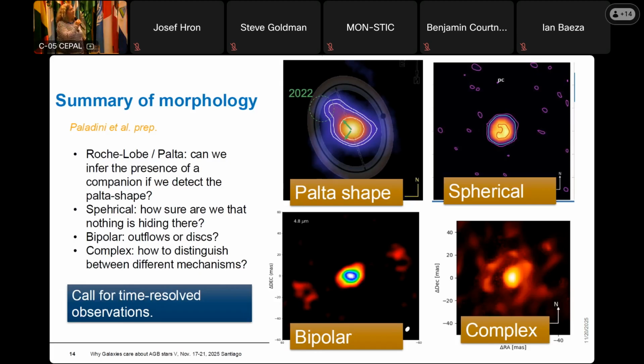Yes, V Hydra is a Mira. Then we have in the sample R Aqr, II Lupi, these are all carbon Miras. And then the others that you see here are semi-regular variables. And they are the same from the MIDI program. So we have them mapped in the IRAS color diagram. We have also stellar parameters. So that will be something that we will follow then to see how these asymmetries show up.